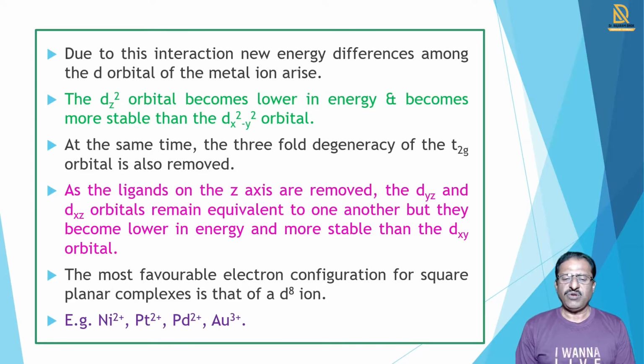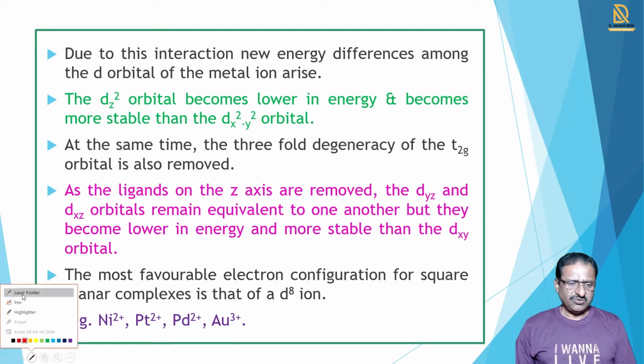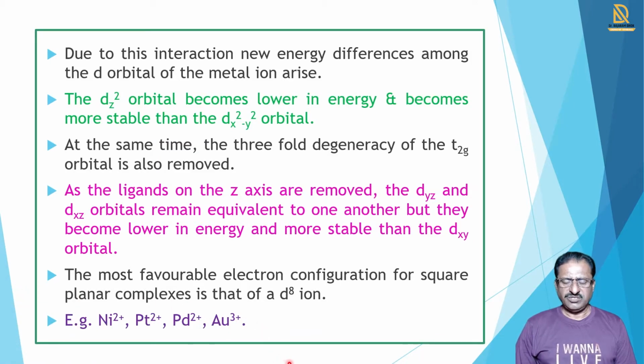The most favorable electronic configuration for square planar complexes is the d8 electronic configuration, and for that there are certain examples, that is Ni plus 2, Pt plus 2, Pd plus 2, Au plus 3. These are the examples of the d8 case.